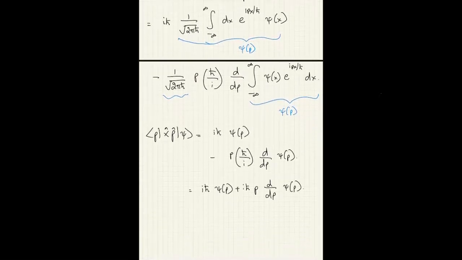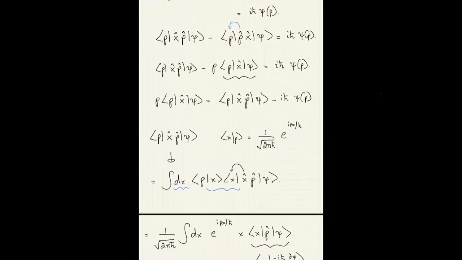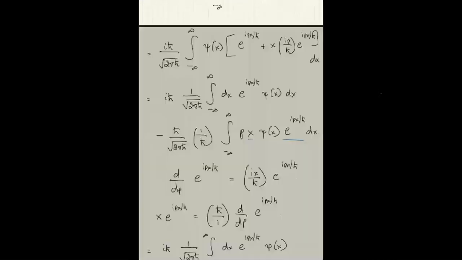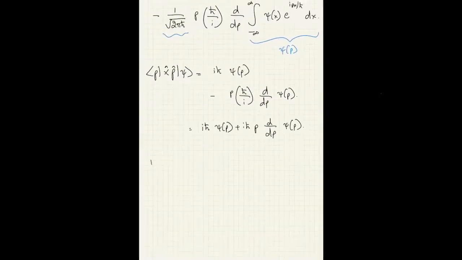So let us go back and plug this in our formula, which is this guy in equation 1. So p x psi is i h bar psi of p plus i h bar p d dp of psi of p.